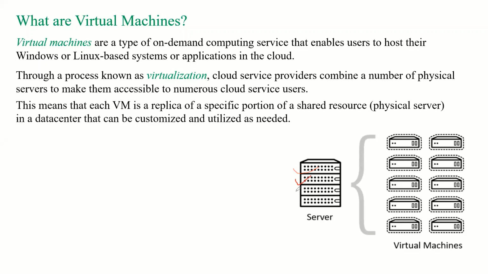There are 4 servers, all interlinked and connected. All these 4, or maybe 10 or 20 or 50 or 100, whatever the number, put together will be referred to as one single server in the data center. Combining all of them gives such huge server capabilities, using which a number of small virtual machines will be spun off.